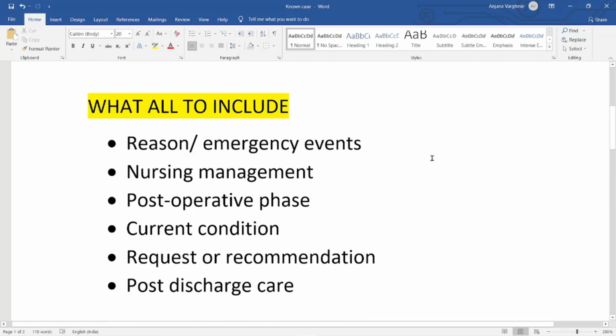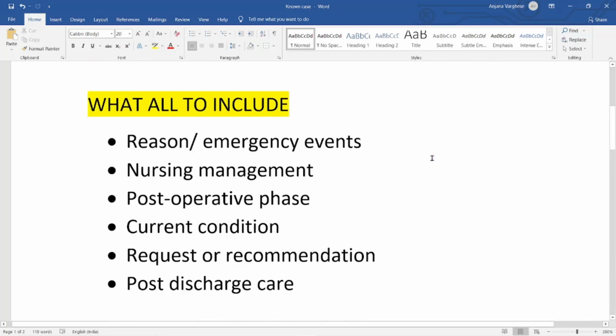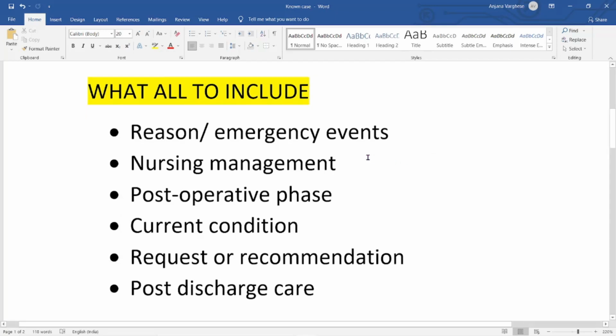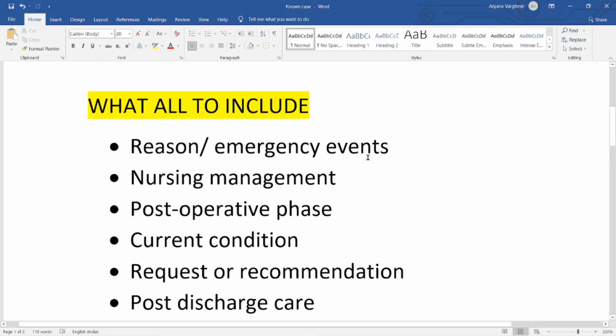Now comes the next question: what to include and what to avoid. These are the points I have mentioned in bullets, what we are supposed to include and what we are supposed not to include. Let me explain. We have to explain any emergency situation, such as any burn or any recent accident.